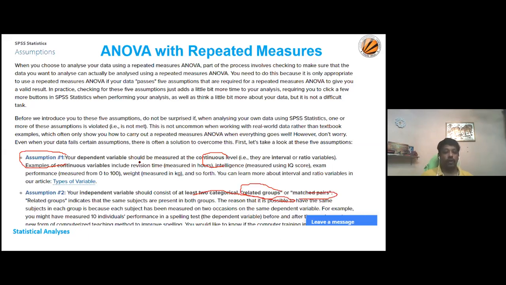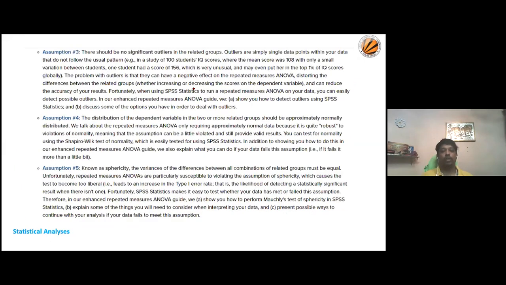So your dependent variable, your outcome measure, should be continuous, and you have more than two groups. The third assumption is that there are no significant outliers. Your data should not have any outliers, so do the box plot or normality testing with your SPSS.